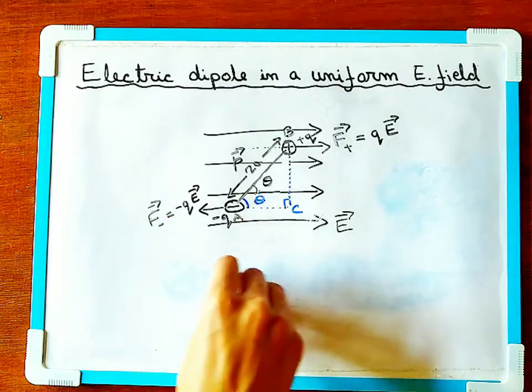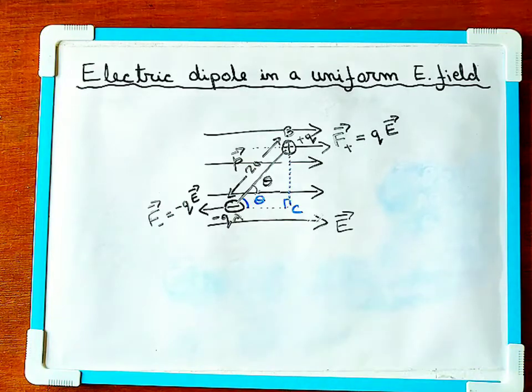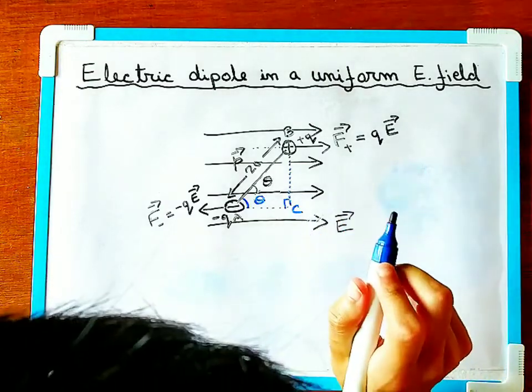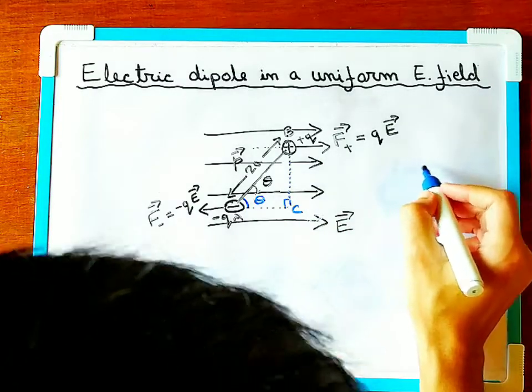Now we come to some special cases. One is when your electric dipole is placed in such a way that your dipole moment vector P makes an angle of 90 degrees with the electric field vector E. I will draw just the direction of the electric field and the dipole.